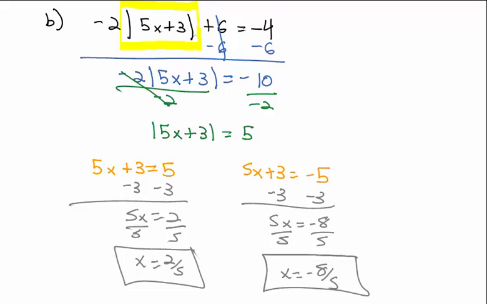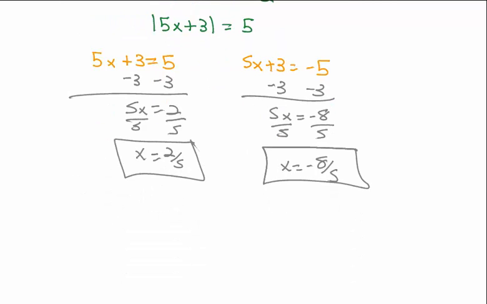And we have our two final solutions. So in summary, absolute value equations: get the absolute value alone, and then strip the absolute value by considering the positive and negative solutions. That's really all there is to equations.